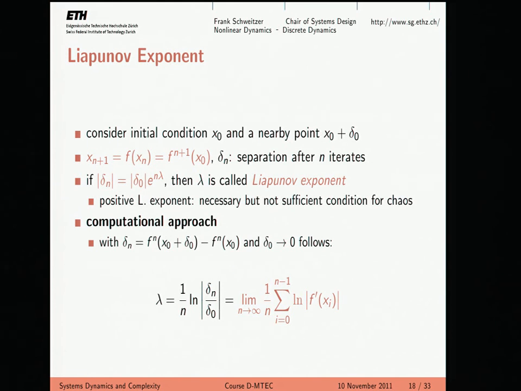It's just 2 lines which are missing. But in fact, what happens is you substitute delta n, this value, you substitute it here, and then you divide by delta 0. And if delta 0 goes to 0, this is simply the derivative of f at x of n.